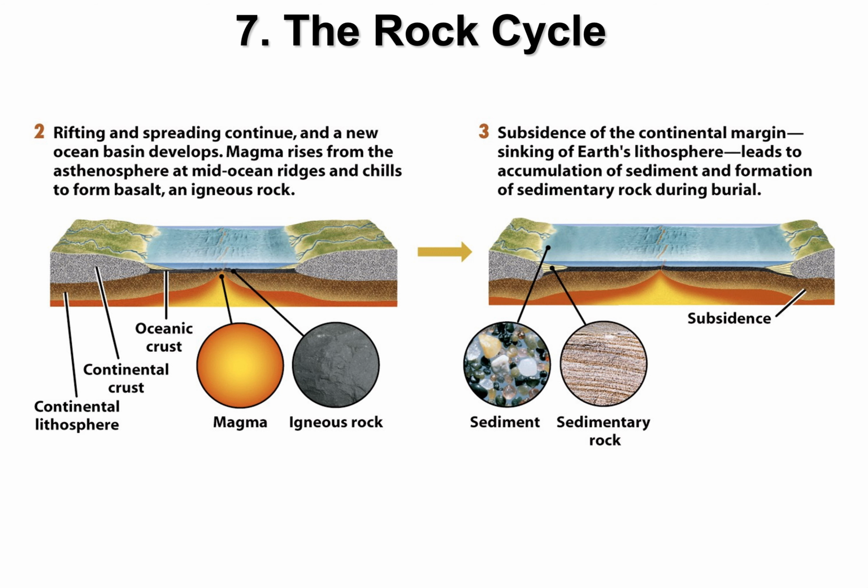In our next slide, number 2 is the same as before, but number 3 is now new. We have the subsidence of the continental margin, which is the sinking of Earth's lithosphere, and that leads to the accumulation of sediments and the formation of sedimentary rocks during their burial.